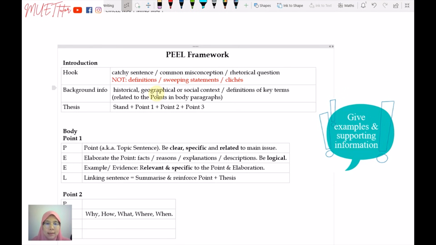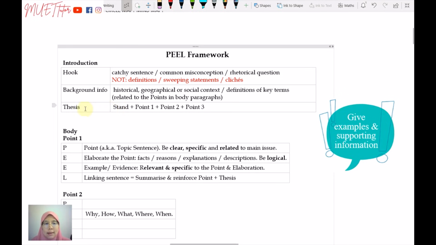The information given here should be relevant to the points that we're going to talk about in the body paragraphs, so don't give too much detail here yet. Save the elaborations and examples for your body paragraphs. You can consider this as a teaser for your readers.